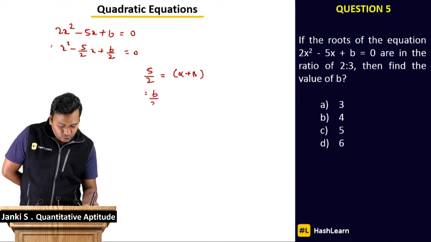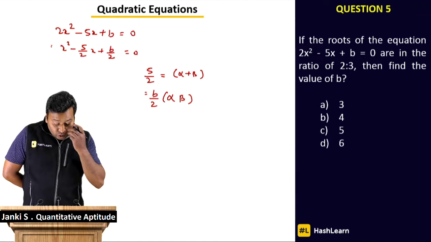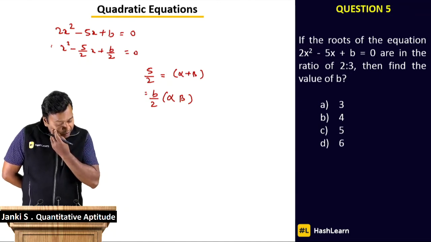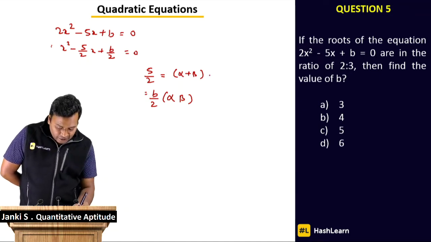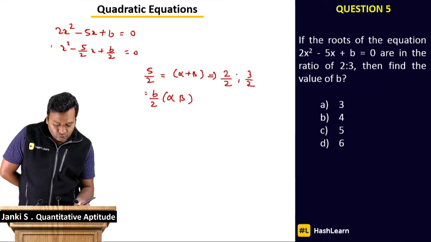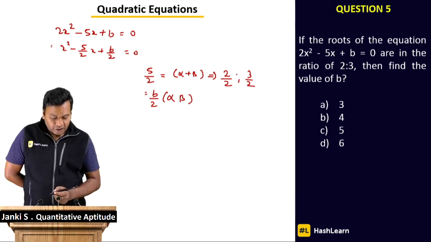And b by 2 is nothing but alpha into beta, right? So it's already given alpha and beta are in the ratio of 2:3. That means the values are 2 by 2 and 3 by 2, right?